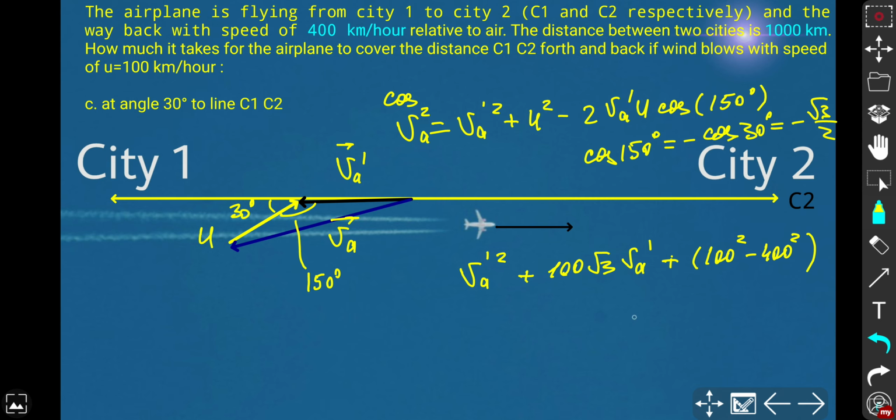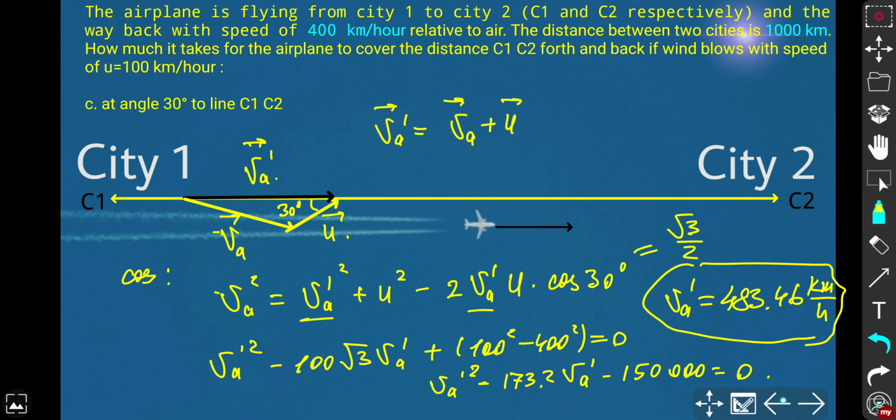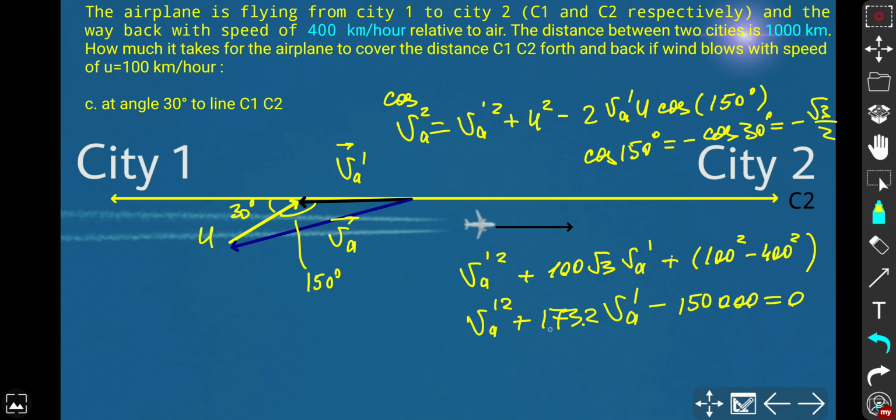In that case, we'll get plus 173.2 VA prime and minus 150,000 equal to 0. So the equation looks the same, except we have a minus here and a plus there, in contrast. So we simply express VA prime using the quadratic formula.